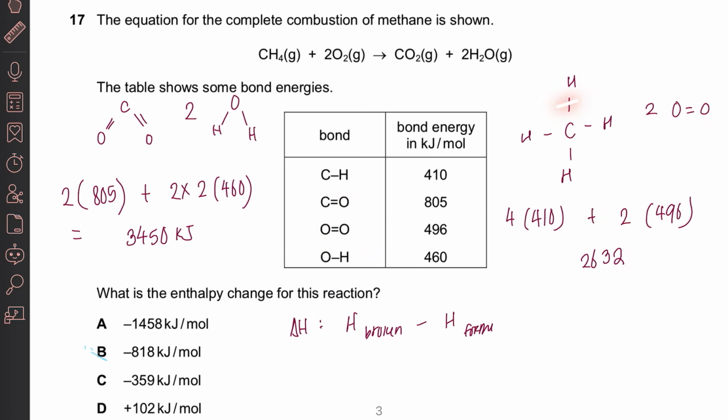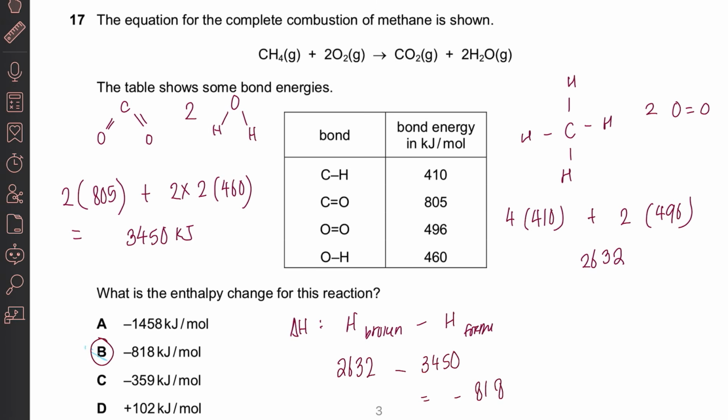So the methane bonds are broken and the oxygen bonds are broken, so this is going to be 2632 minus the bonds formed. These are the new bonds that are being formed. You're getting carbon dioxide and water, so this is going to be 3450. So the answer is going to be negative 1818 kilojoules per mole, that is 2.